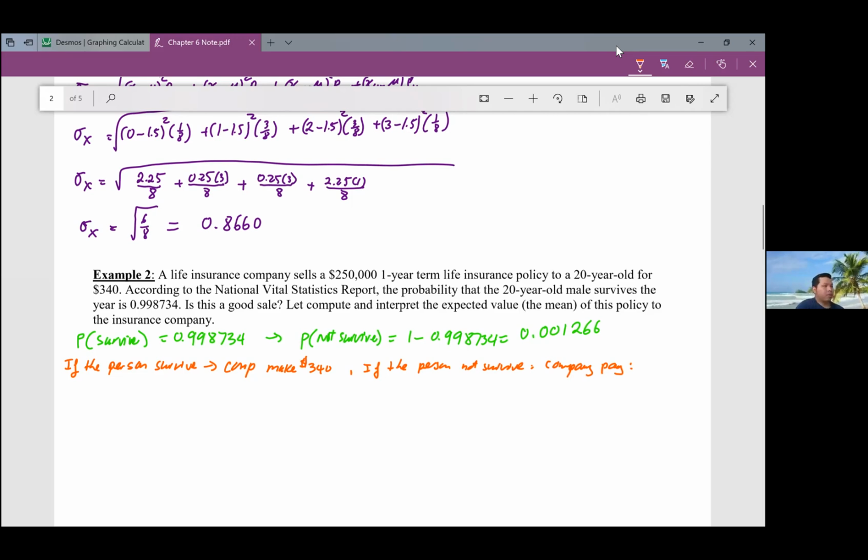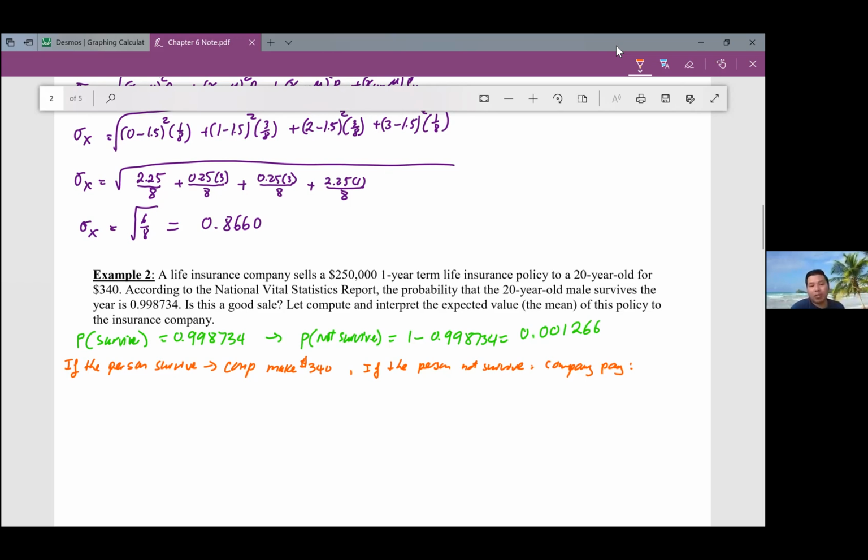How much does the person receive? $250K. However, keep in mind that you don't really receive $250K because the person already paid $340. So from the company's perspective, they only pay out 250,000 minus 340.